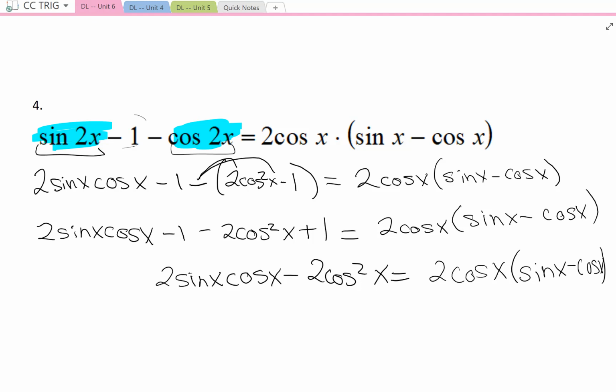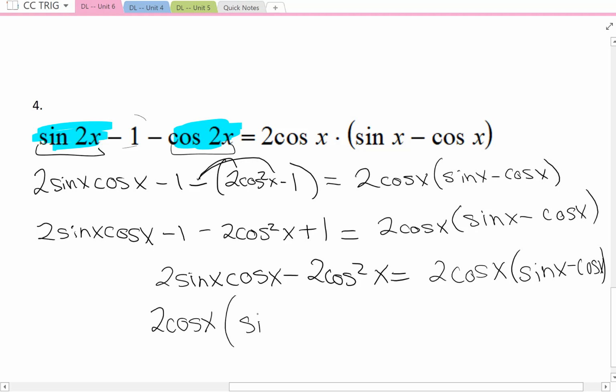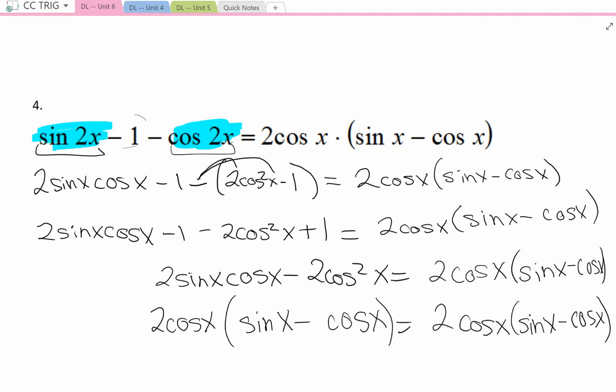Almost there. Now, we need to factor out our common term, which is 2 cosine x, just like it is factored over here. 2 cosine x times sine x minus cosine x. And we did it.